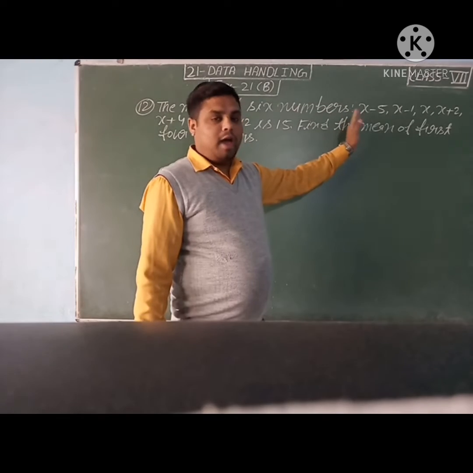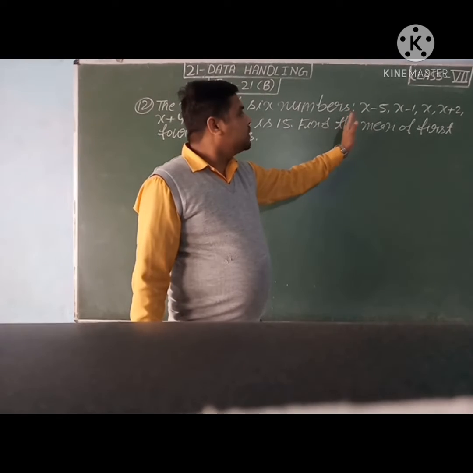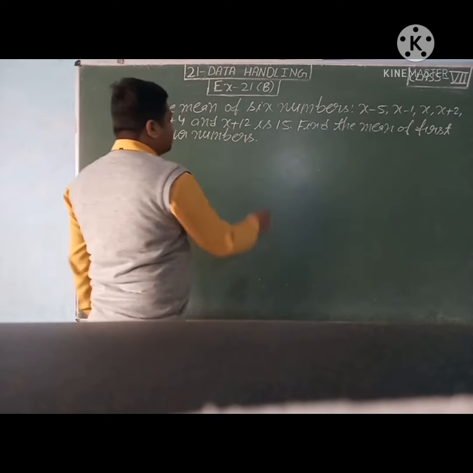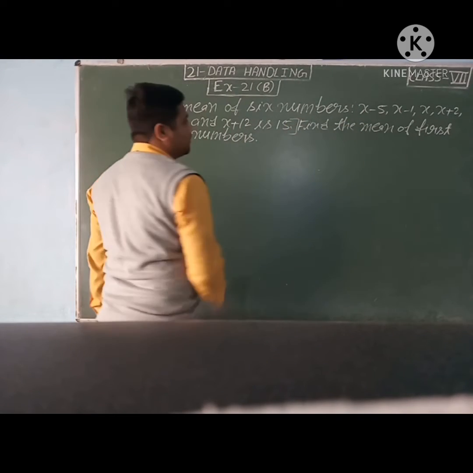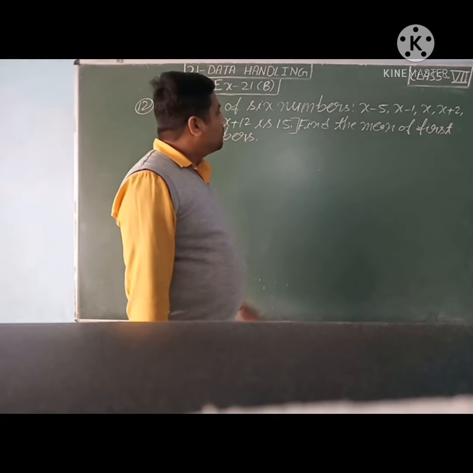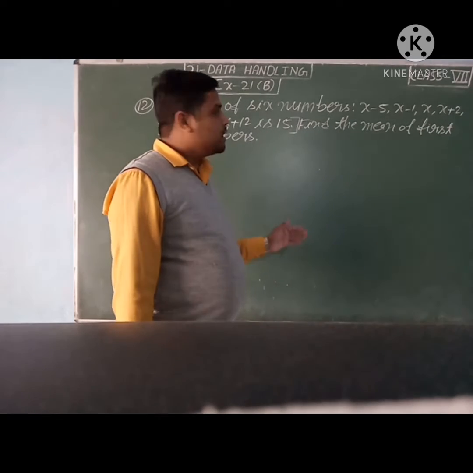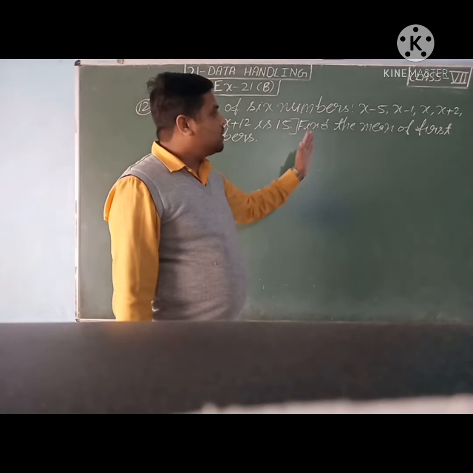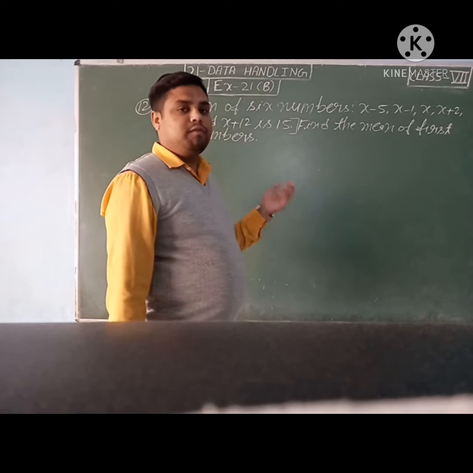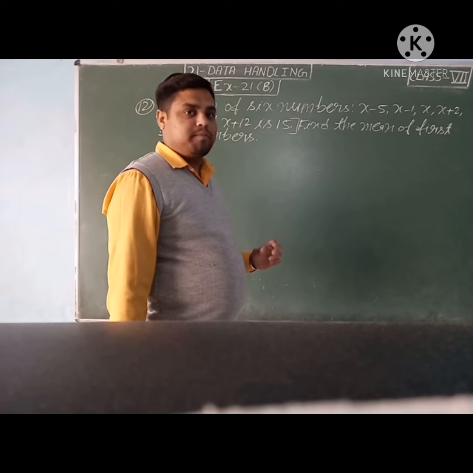They are in x. So students, first we will find the value of x with this much information, as we have done in the previous question. So first we will find the value of x, then we will put the value of x in the first 4 numbers. We will get the first 4 numbers, then we can find the mean.